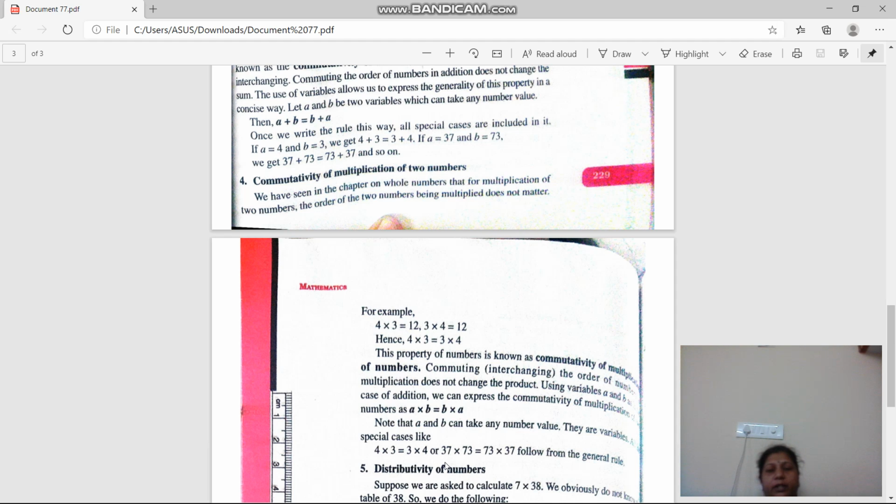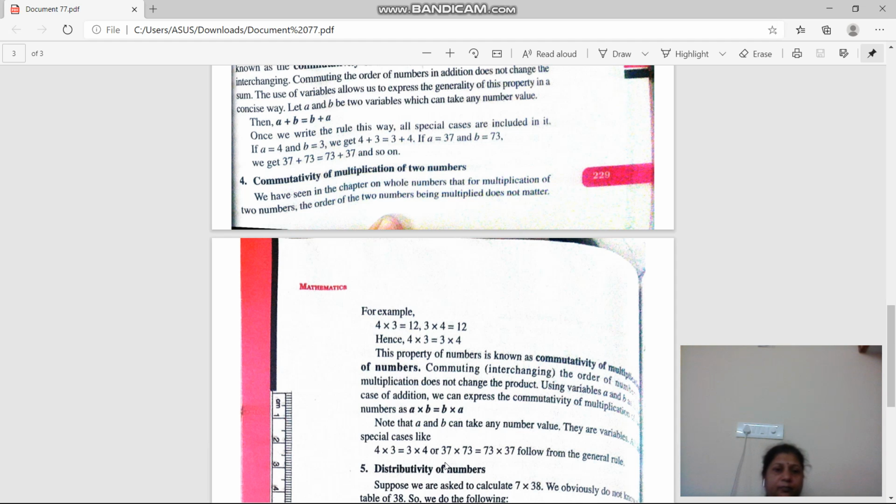Instead of one digit numbers, we can take two digit numbers, that is 37 multiplied by 73 is equal to 73 multiplied by 37. Once again, take the example of 24 multiplied by 16. We get the same answer if we multiply 16 into 24.